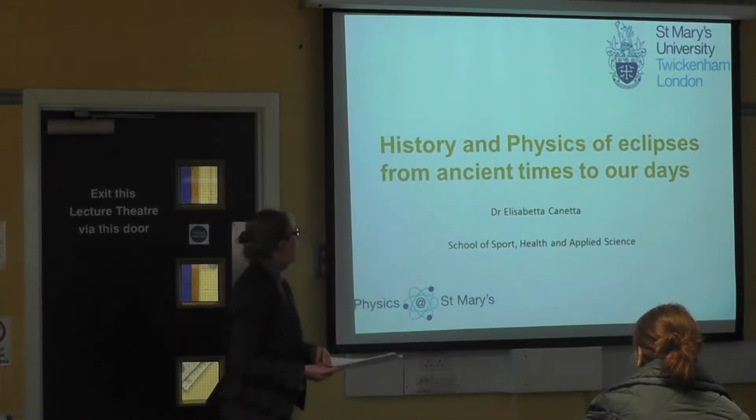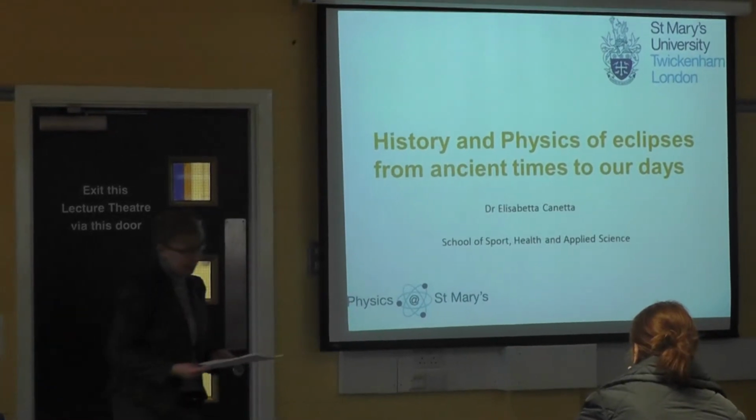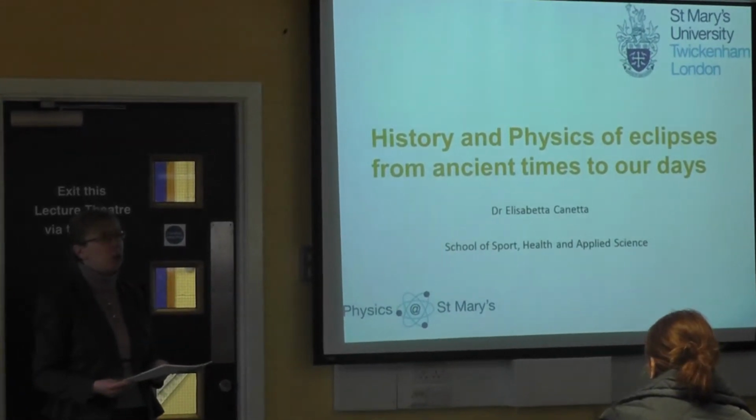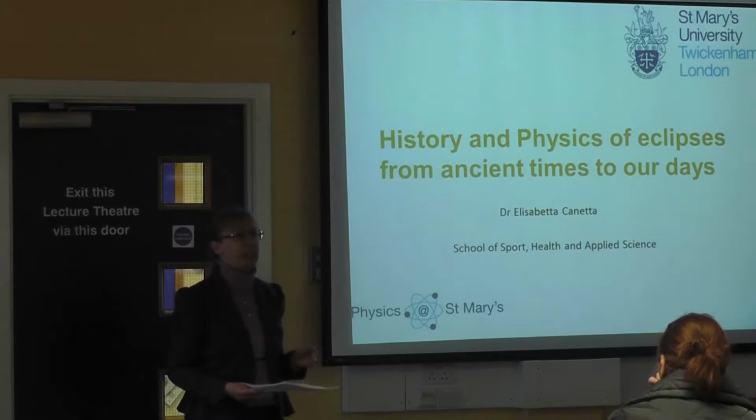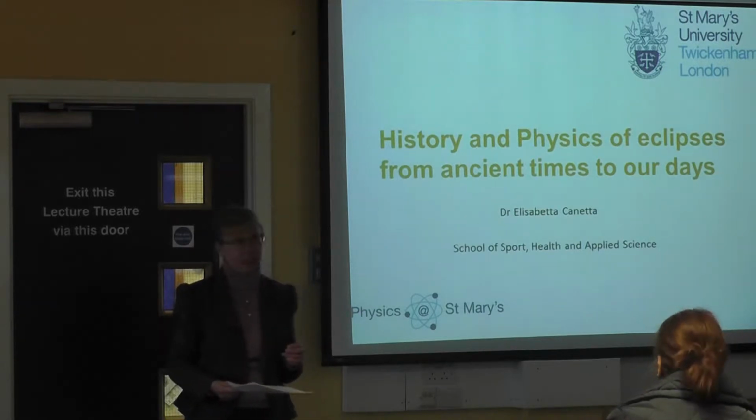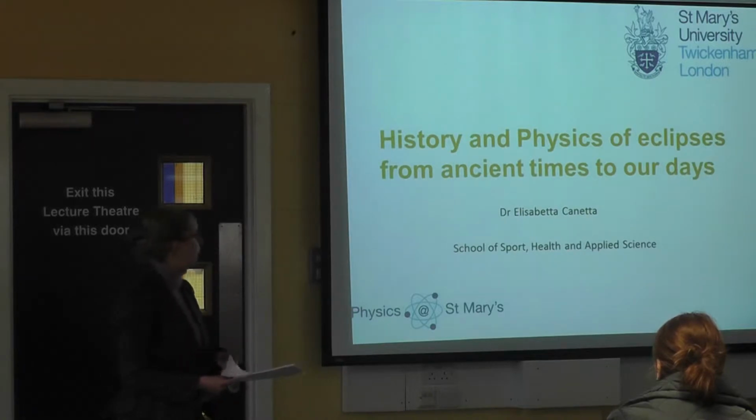But anyway, in this lecture, the idea is to talk about the physics of the eclipses. We talked already about the physics of the eclipses during the event earlier, but here I can show you some images to make the point, and then we will look into the history of eclipses.